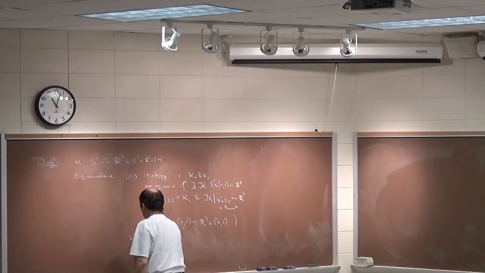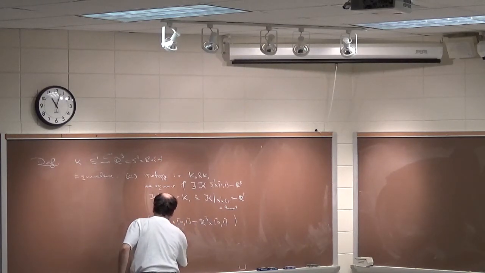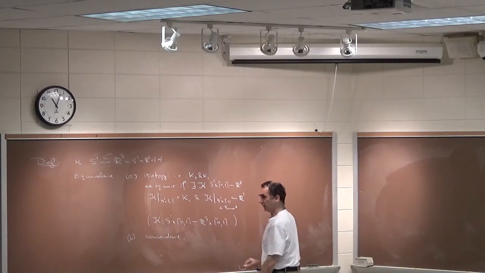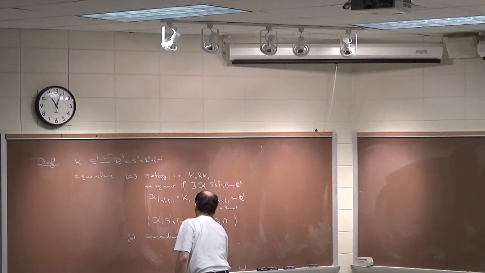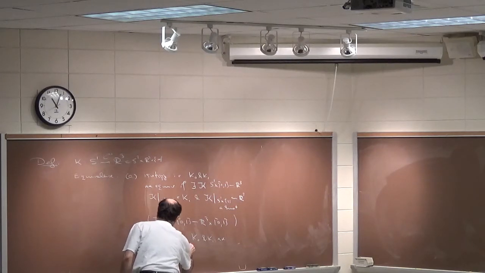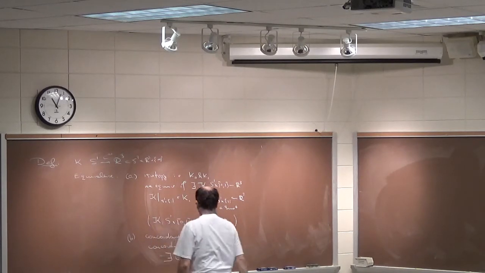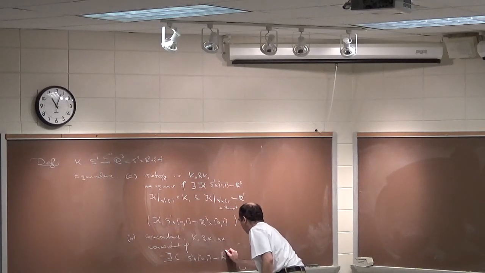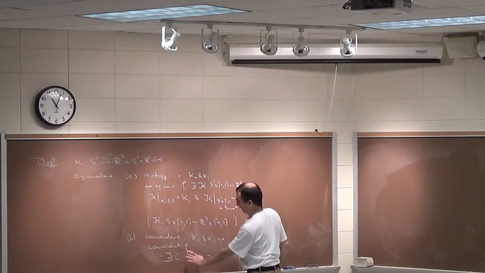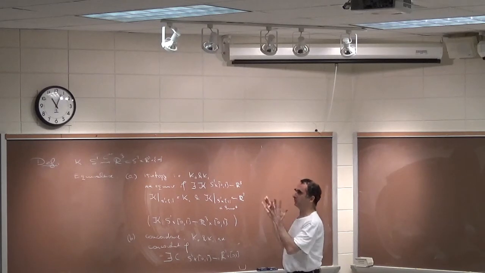A slightly less natural but very convenient equivalence relation is concordance, where you keep this picture but you don't require every slice to be a knot. K0 and K1 are concordant if there is a map C from the annulus to, again, R^3 × [0,1], such that on S^1 × {0} we have K0, and on S^1 × {1} we have K1, and in between we don't know what happens.